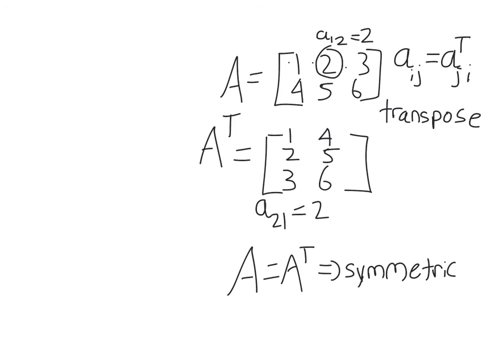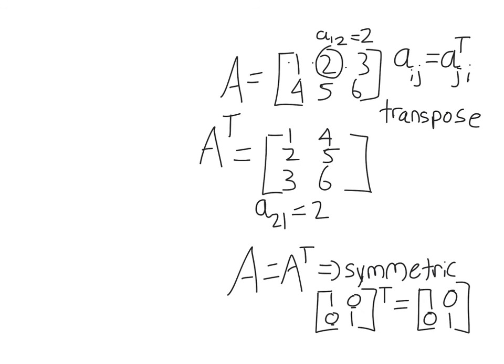So an example of a symmetric matrix is the identity, because if I have, say, the 2 by 2 identity, its transpose, if I just switch around the rows and the columns, the 1 stays where it is, this 0 gets moved here, this 0 up here, and you see I have the exact same matrix as I started with. So the identity is an example of a symmetric matrix in which the matrix is equal to its own transpose.